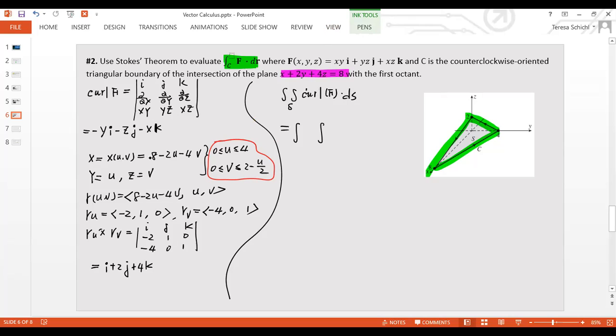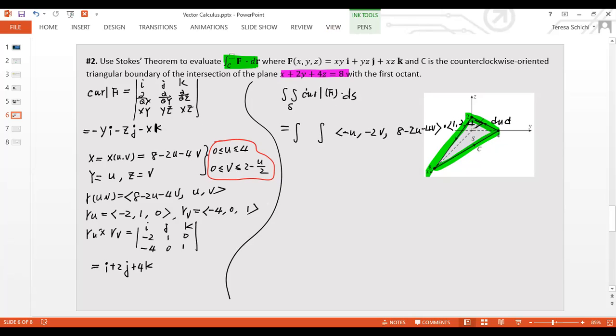The curl of F is negative y, so negative u, negative z, so minus v, and negative x, which is negative (8 minus 2u minus 4v), dotted with r_u × r_v, which is ⟨1, 2, 4⟩, du dv.